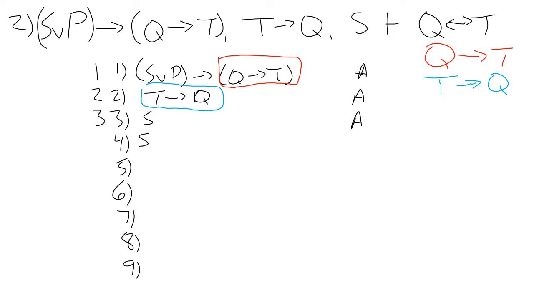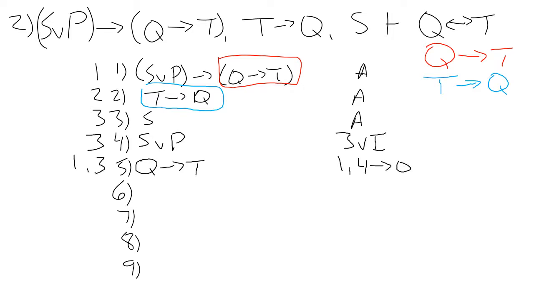And again, we see that we're just bound up with a conditional statement here in 1. If we wedge in our P on S, we can get the antecedent for the conditional statement in line 1. We can derive the conditional statement Q arrow T in line 5 from 1's our conditional statement, 4's our antecedent. We're doing arrow out, so 1 and 3.